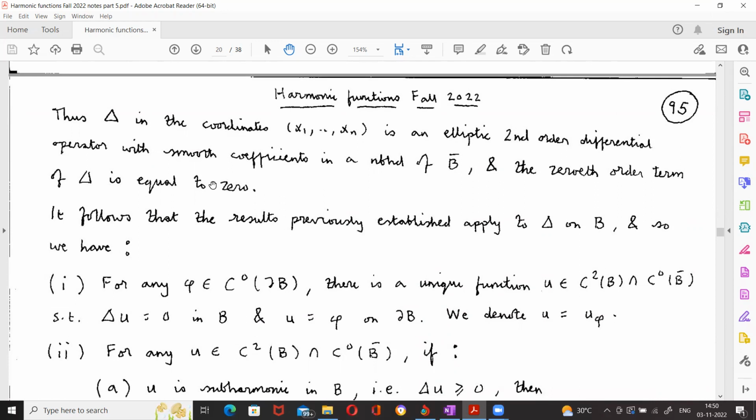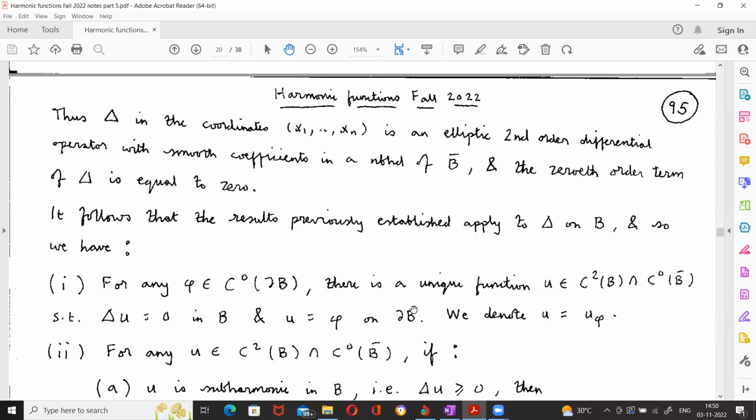Therefore, we can apply the result for elliptic second order operators with Holder continuous coefficients in the unit ball whose 0th order coefficient is less than or equal to 0. That applies to the Laplacian of the Riemannian manifold. And therefore, for any continuous function phi on the boundary of this geodesic ball, there is a unique function which is C2 on the ball and C0 on the closure, which solves the Dirichlet problem: Laplacian u is 0 in B and u equals phi on the boundary of B.